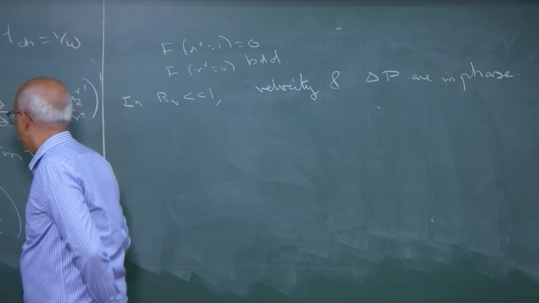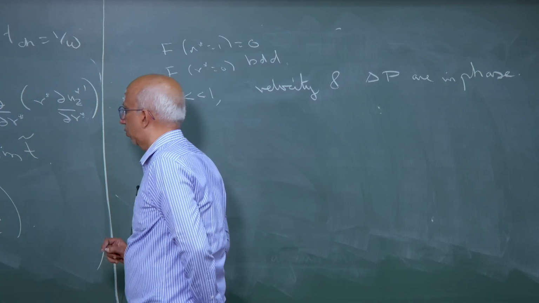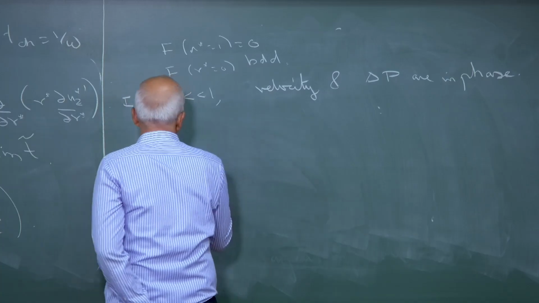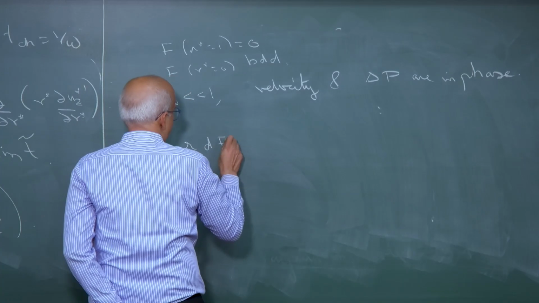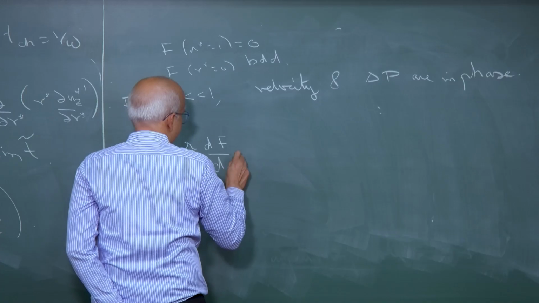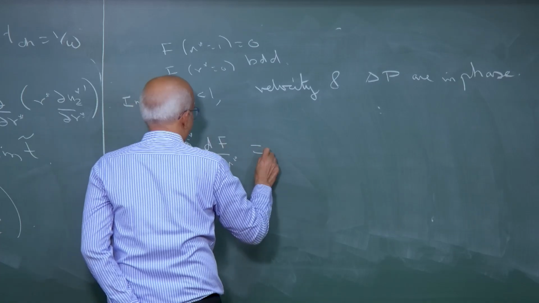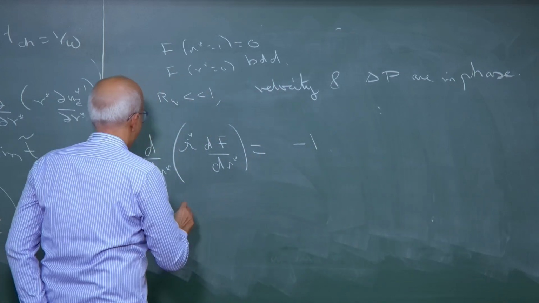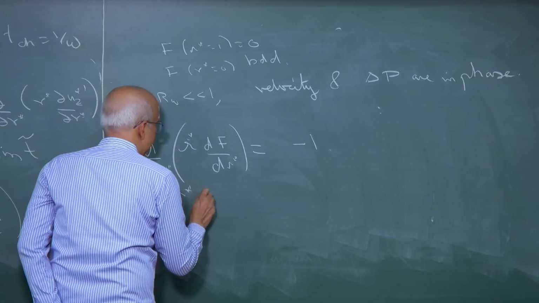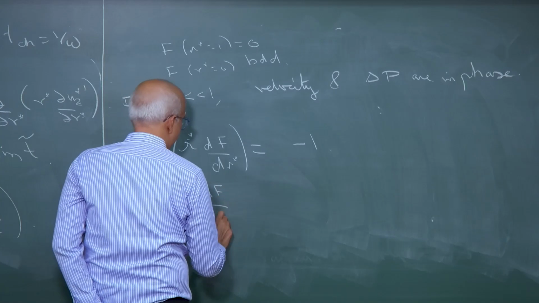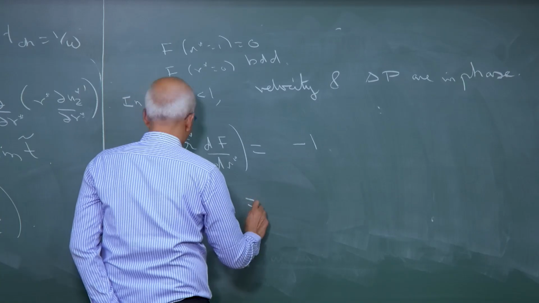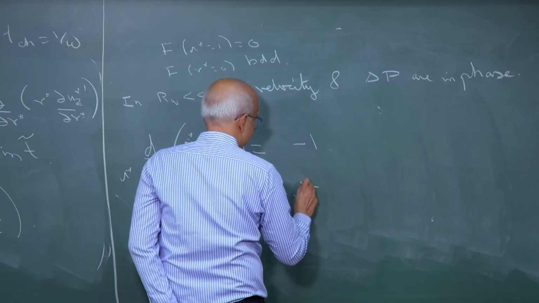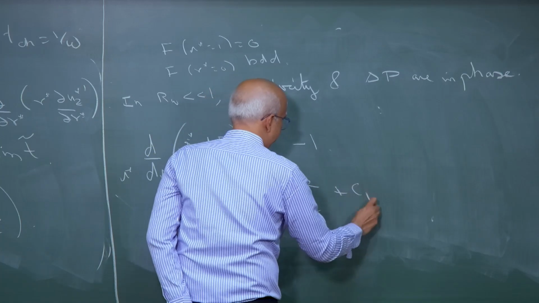Now, this particular equation can be solved because it's a simple ordinary differential equation, and I will solve that now. Df by dr star equals minus 1. Integrate this once, I will get r star df by dr star equals minus r star squared by 2 plus C1.